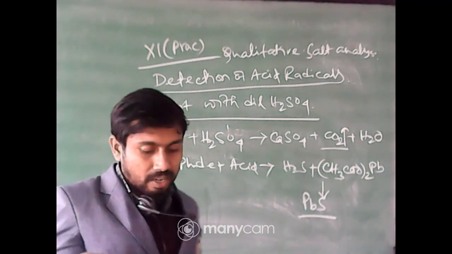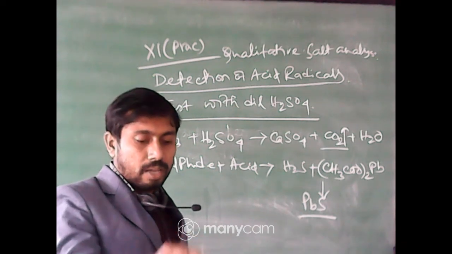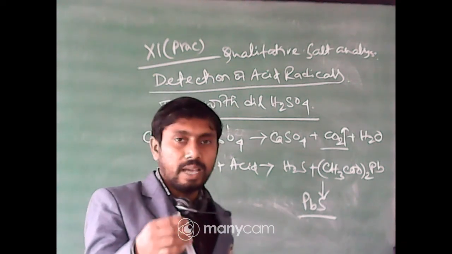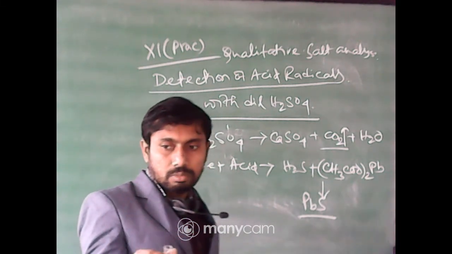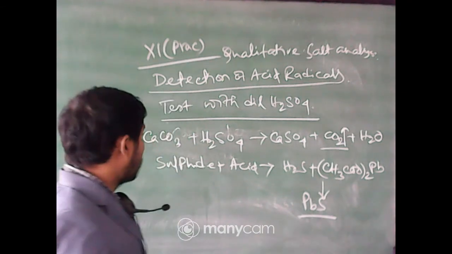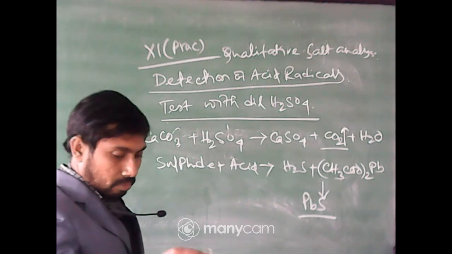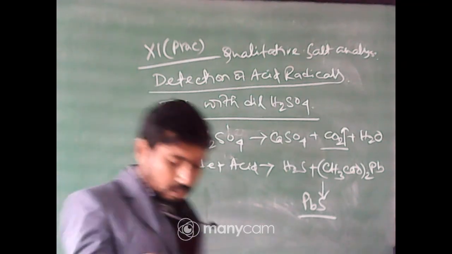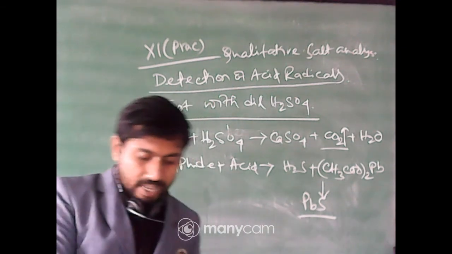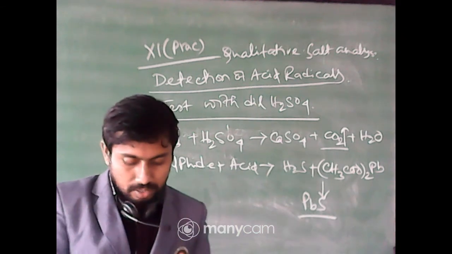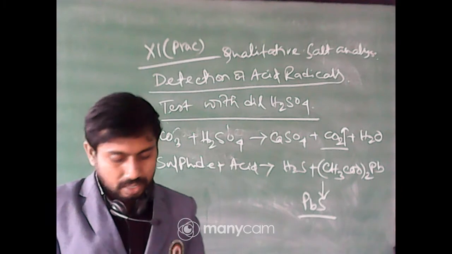Now here as I have added dilute HCl, one precipitate, as it contains the chlorine sulphide, so already the sulphide is deposited. Now it is white in color, but when I add the acetate salt, just check the color of that sample.